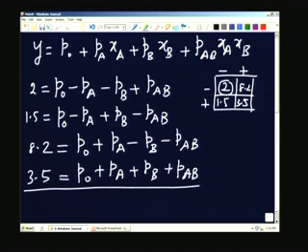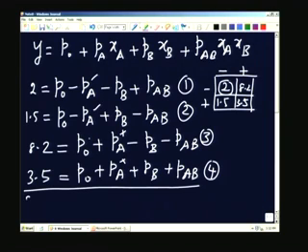You will also notice that if I simply add these equations, all the other quantities will become 0, because there is minus P A, minus P A, then there is a plus P A and plus P A. These will cancel off, and minus P B plus P B minus P B plus P B, they will cancel. Therefore, if you simply add these equations, suppose I call them 1, 2, 3, 4.